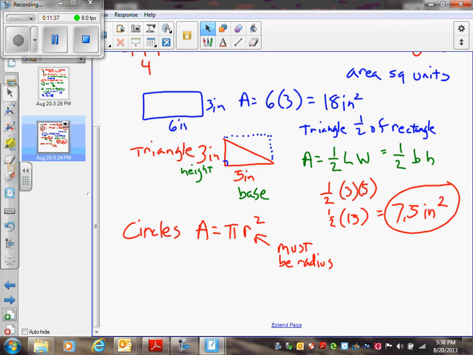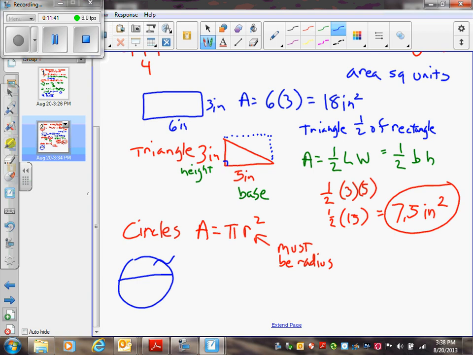So if they give you a diameter, I have a circle, and they tell me my diameter is 8 feet. It's a pretty big circle. The first thing I have to do, if the diameter is 8, is find the radius. The radius is always half of the diameter, so half of 8 is 4 feet.